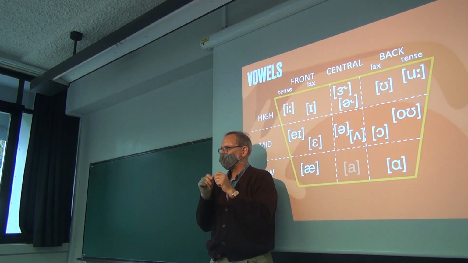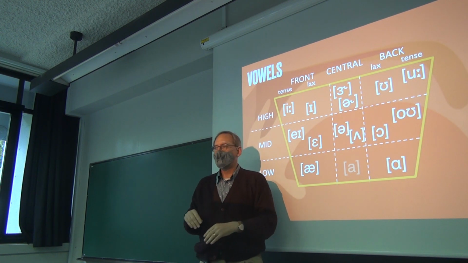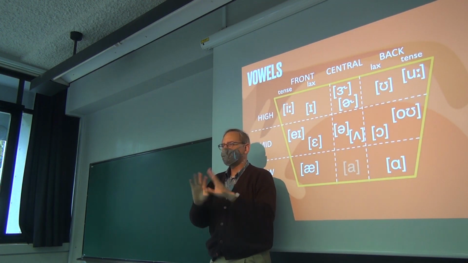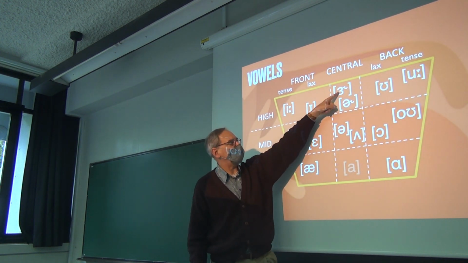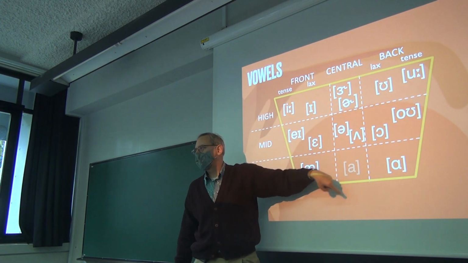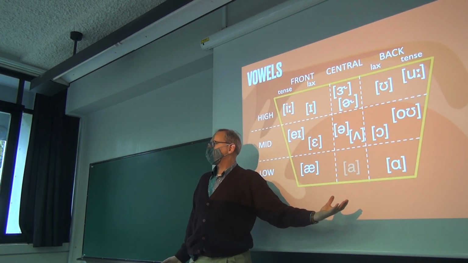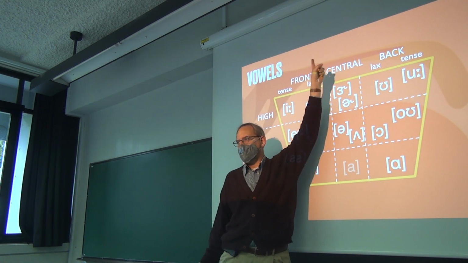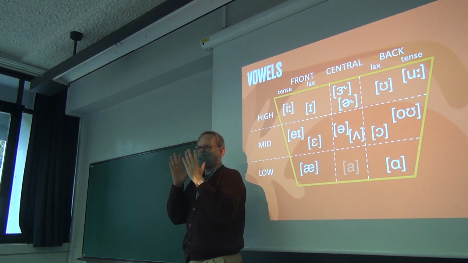Bado, or wado, has a low central vowel pronunciation. So for English listeners, if you say bado, they will not understand what you're trying to say. Because there's such a big difference between a high and a low tongue position. But the reason it's naturally produced bado in Japanese is because you're maintaining or keeping the central tongue position.